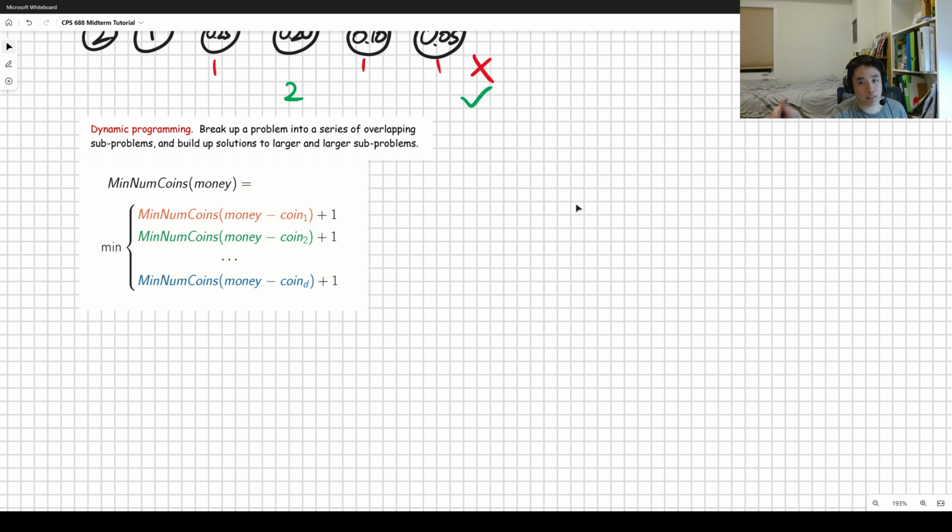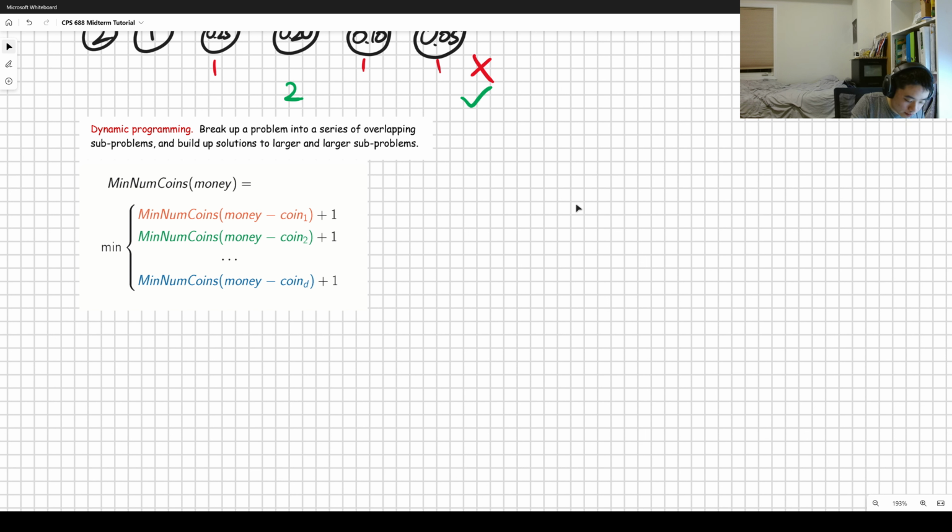We can do something like return -1 for this occasion. Otherwise we take the coin and then we look at how many coins we would need to make the remaining change. Okay.